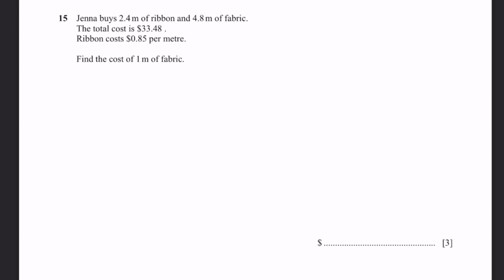Let's go to question 15. Jenna buys 2.4 meters of ribbon and 4.8 meters of fabric. The total cost is $33.48. Ribbon costs 0.85 per meter. Find the cost of 1 meter of fabric. So let's keep ribbon as R and fabric as F variables.